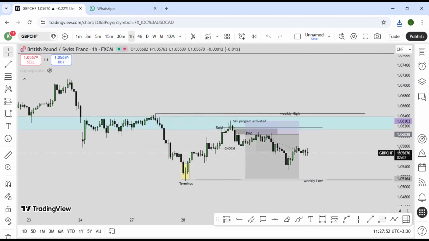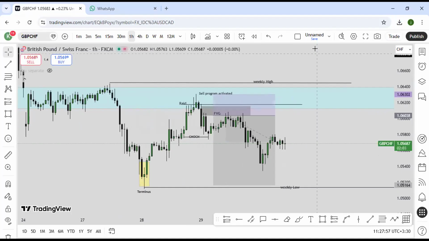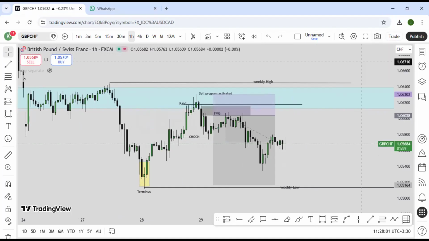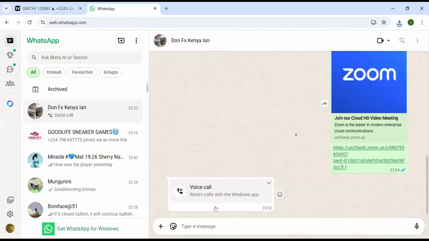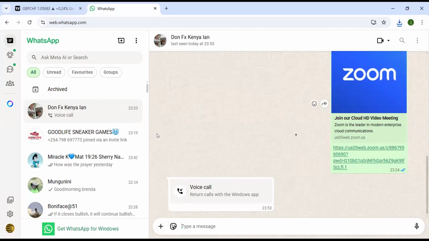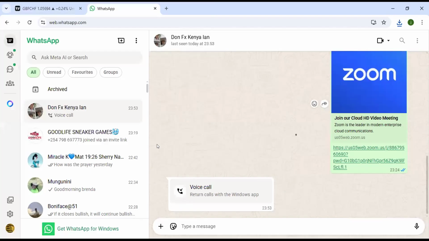So, this is the pair. So you wanted this one, eh? It does not download. This one here does not come. Oh, let me first reset this WhatsApp again.